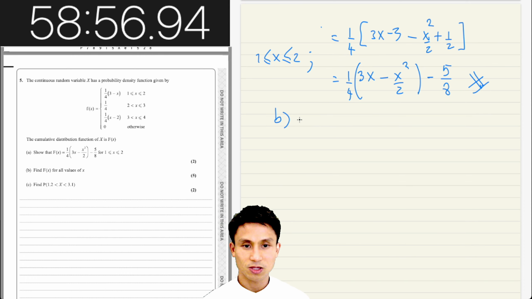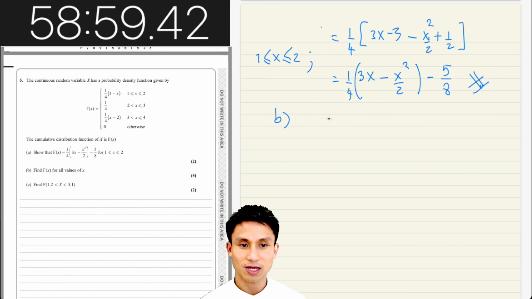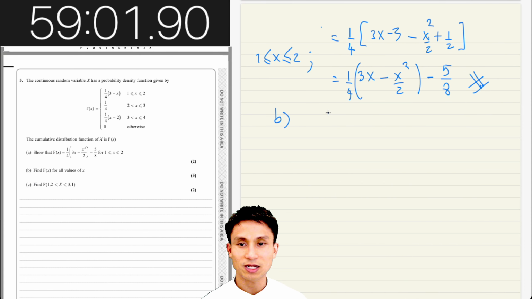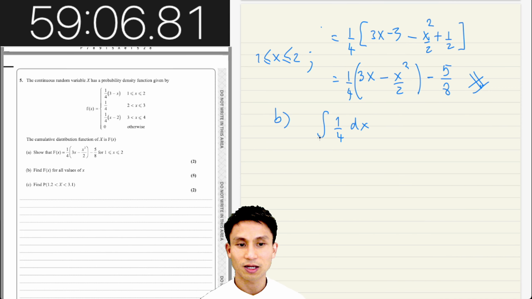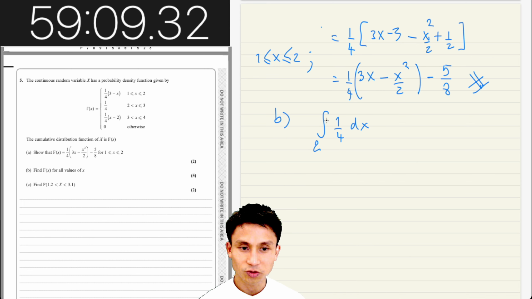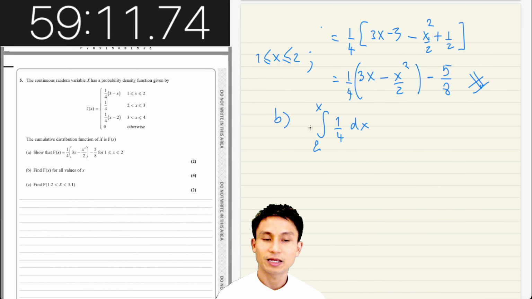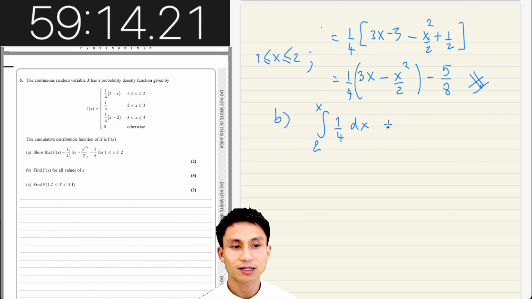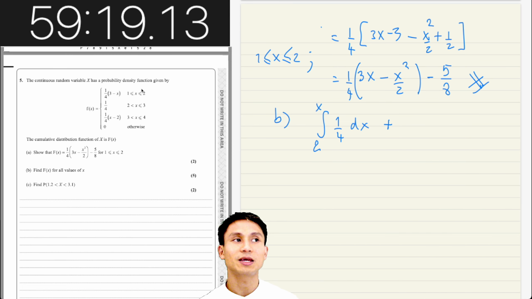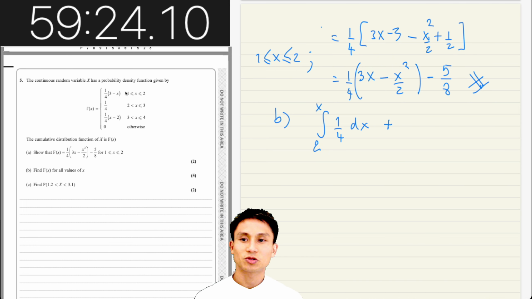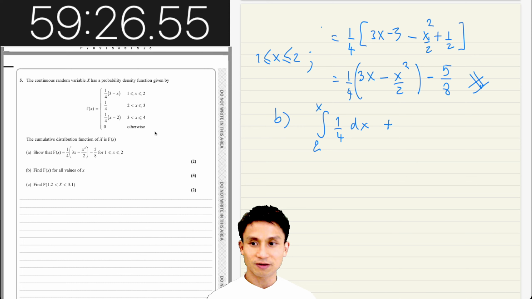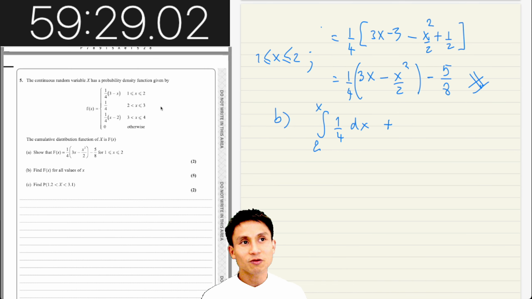Now, you still have to integrate the next function, putting the bounds as 2 and x again. But then you have to add the value from the previous cumulative value. Because when you have a cumulative distribution, the area gets added up consecutively.